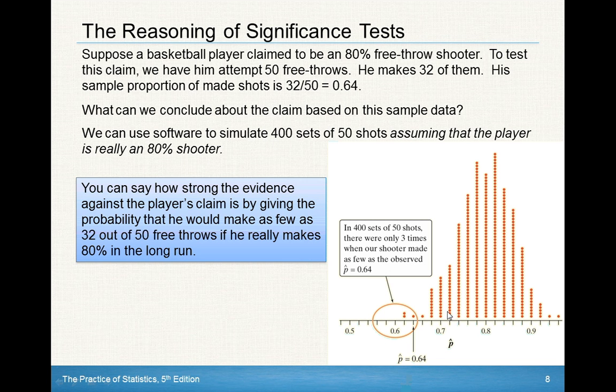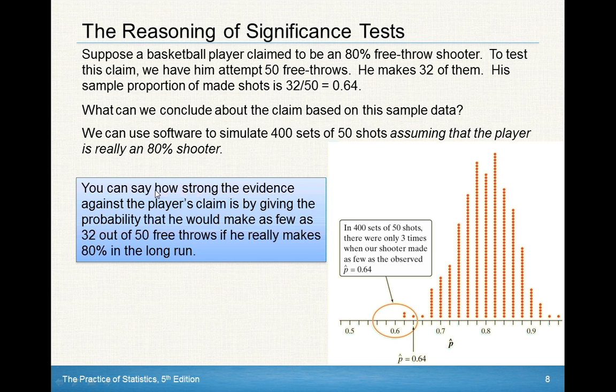Here's the graph that I get when I graph my 400 minions simulation. How many of these simulations are around 64%? Here's 64%. Only 3 out of those 400 times did I get an answer way down here. Now, this is assuming that he really is an 80% free throw shooter. If he's an 80% free throw shooter, it's pretty unlikely that he'd only make 64% of his 50 free throws.